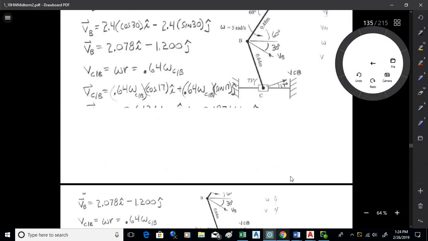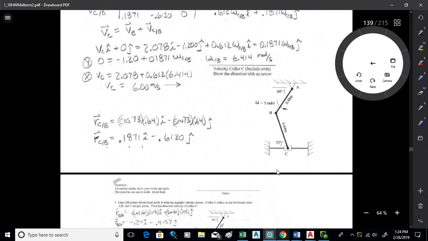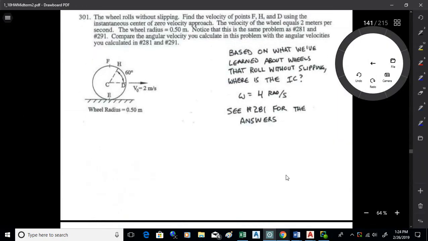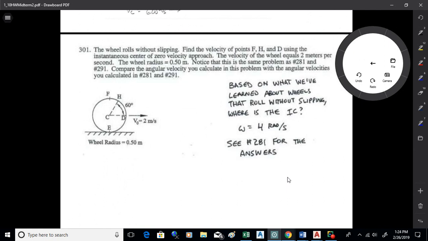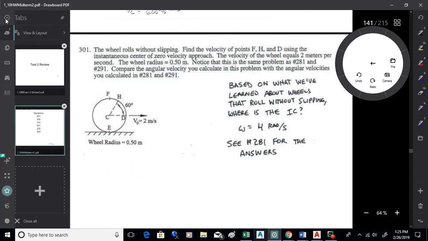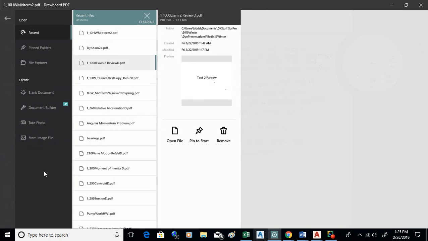All right, so what we are looking at first is this Instantaneous Center stuff. So we have 301. Now 301, what's going on is this wheel is rolling. One thing you want to keep in mind is the characteristics of the instantaneous center of zero velocity and how you go about finding it, how you identify it.